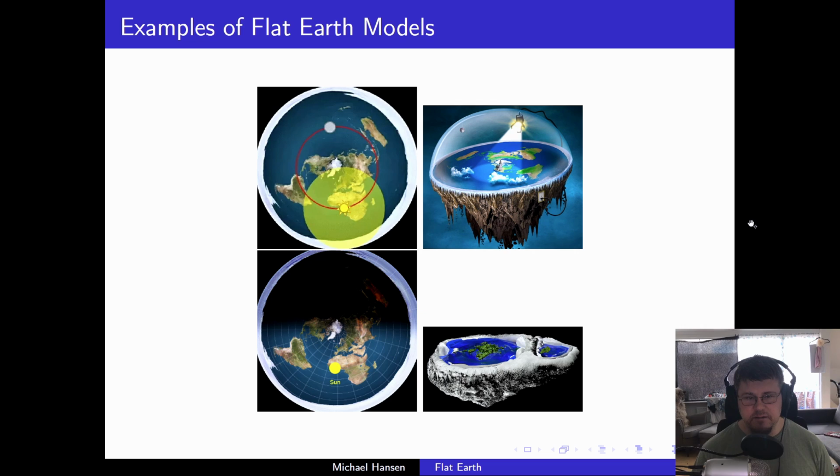So let's start. Here are some examples of flat earth models, and this is actually the very first challenge that anyone who wants to deal with flat earth discussions or claims faces: flat earthers don't tend to have one unified model that they use. They tend to disagree on most things actually.